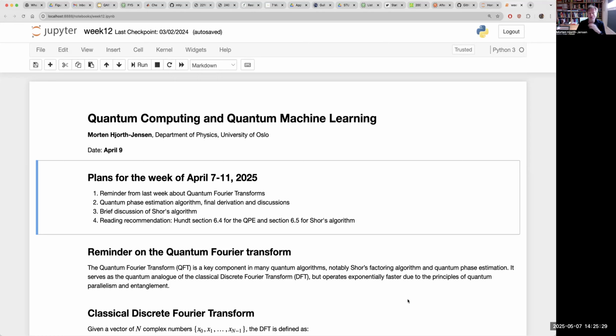And this is a very famous algorithm which demonstrated the capability of factorizing in a much more efficient way than you have in standard factorization algorithms.